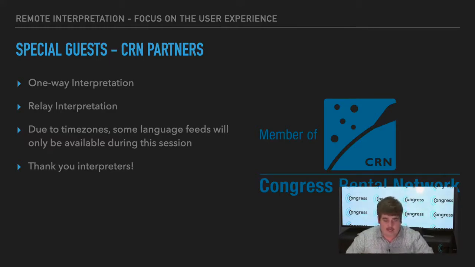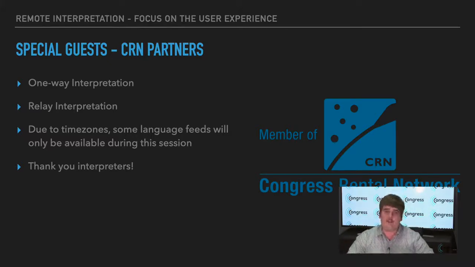Relay interpretation, which we'll also be trying out: some of our guests are not going to speak English. Relay interpretation is one person, so say for example we've got Tomas joining us, he's going to be speaking Hungarian. The Hungarian interpreters are going to listen to Tomas and interpret into English, and then all of the other language interpreters are going to listen to the English interpretation and then interpret into their second languages.